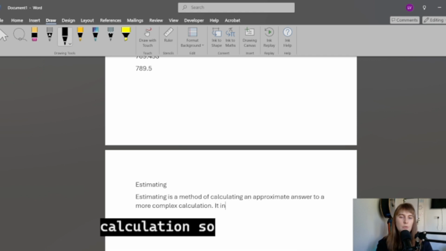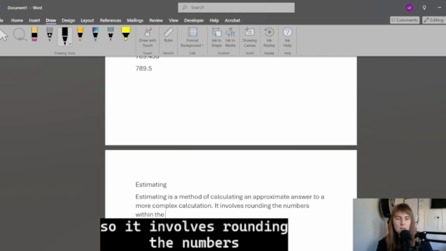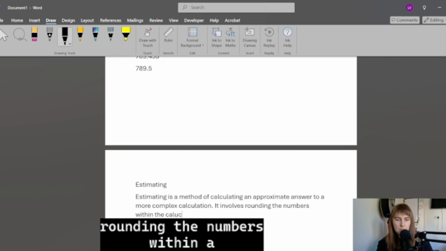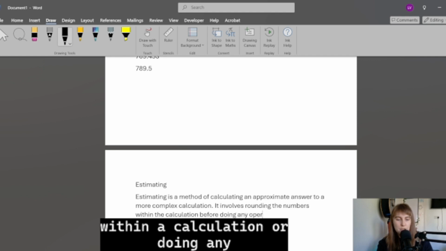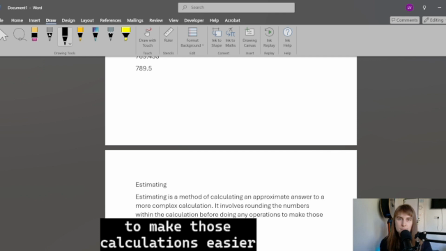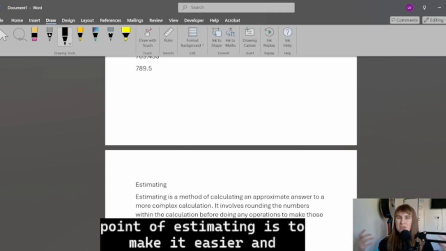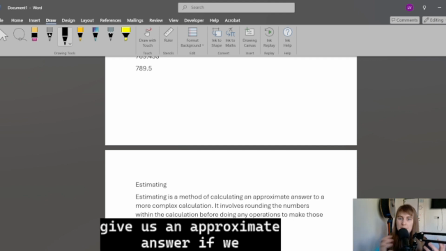So it involves rounding the numbers within the calculation or doing any operations to make those calculations easier. Okay, so the whole point of estimating is to make it easier and to give us an approximate answer if we don't need it to be exact.